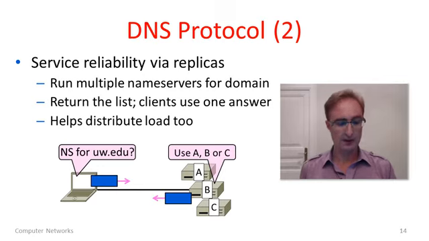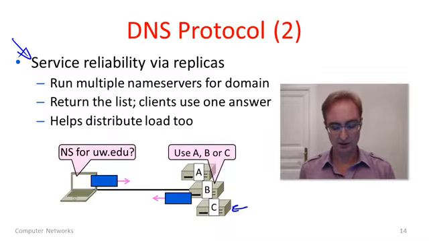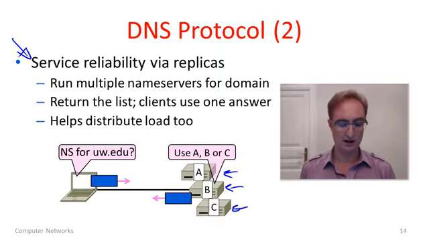What else? Service reliability. So I showed you the query response between a single client and a single server. The DNS is a system that should be reliable, and we provide reliability by using replicas. Here there are 3 replicas, A, B, and C, for a given domain.